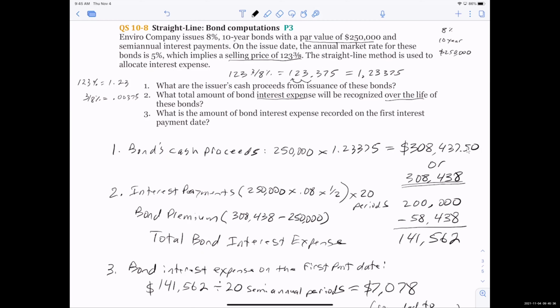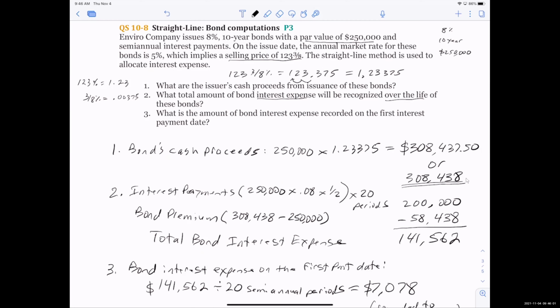Now, your Connect is going to say, if you come up with cents, round it. So we're going to round that up to 308,438. We're going to round it to the nearest dollar.